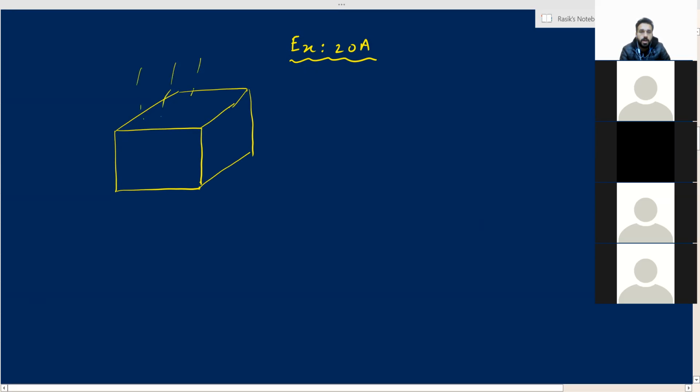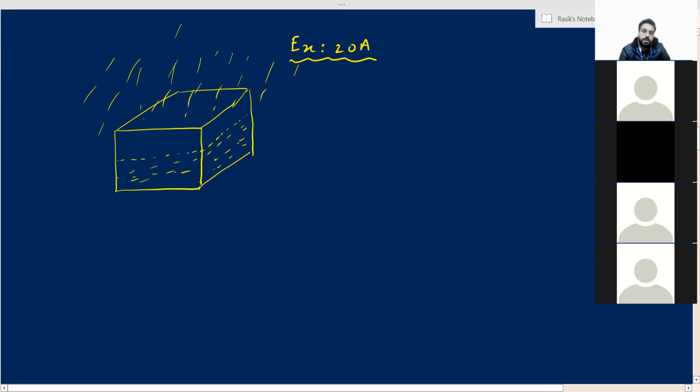It's raining, and the vessel will fill up to a particular height depending on how much rainfall there is. So the water is going inside the vessel. The vessel will be filled up to a particular height. Am I right?